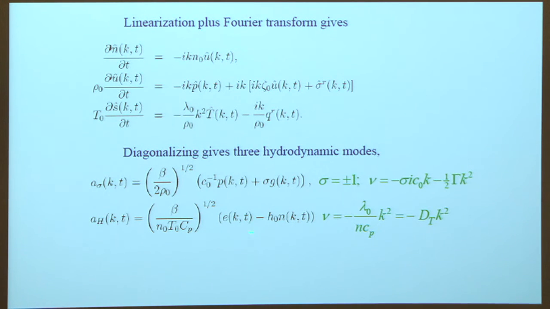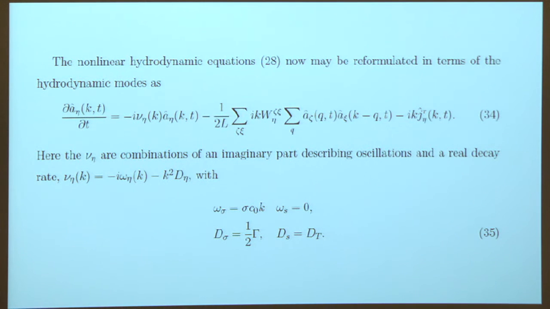And you can expand the nonlinearities to quadratic order, and you're left with nonlinear hydrodynamic modes satisfying to leading order nonlinear equations to quadratic order. This is just like the fluctuating Burgers equation, except that there is a decay rate which can be partly propagating.